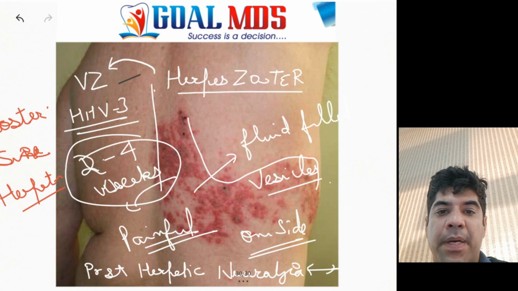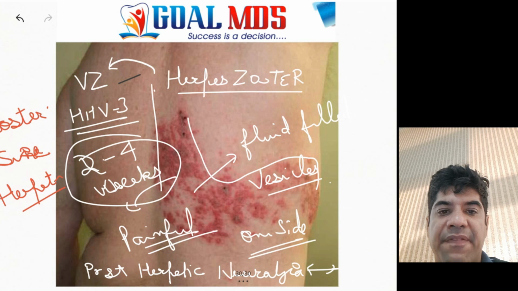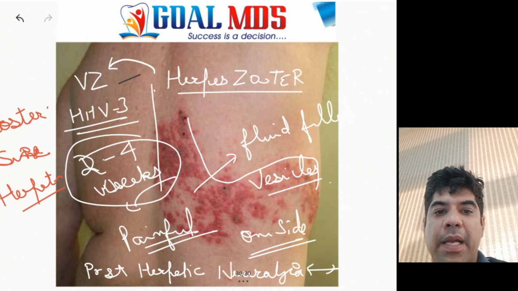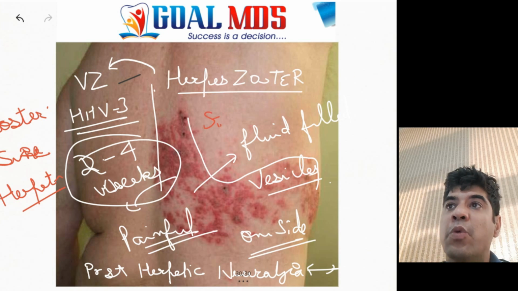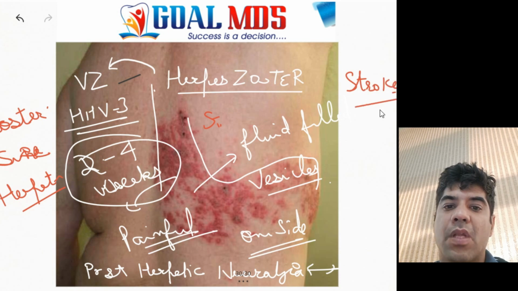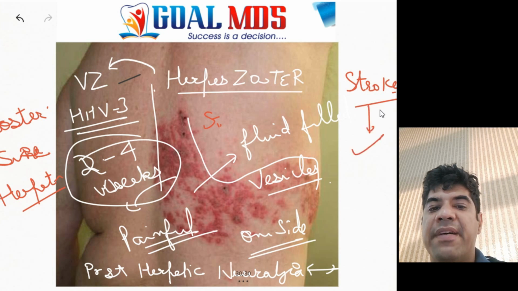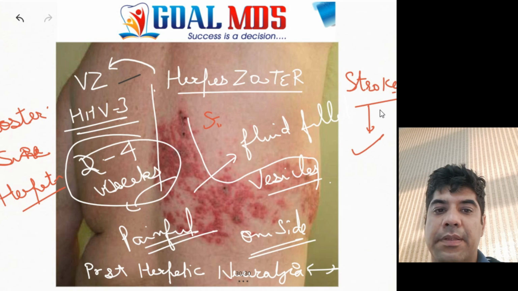Sometimes a person who has recovered from the rash caused by herpes zoster in the facial nerve area might develop a condition known as granulomatous angiitis. That can lead to stroke, because the virus and the inflammation can affect the blood vessels in the brain.